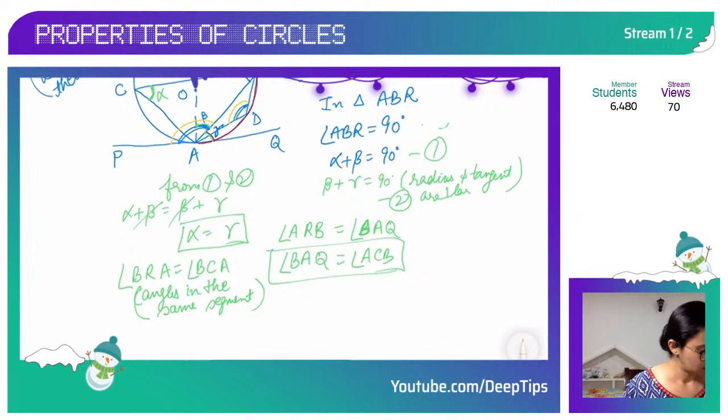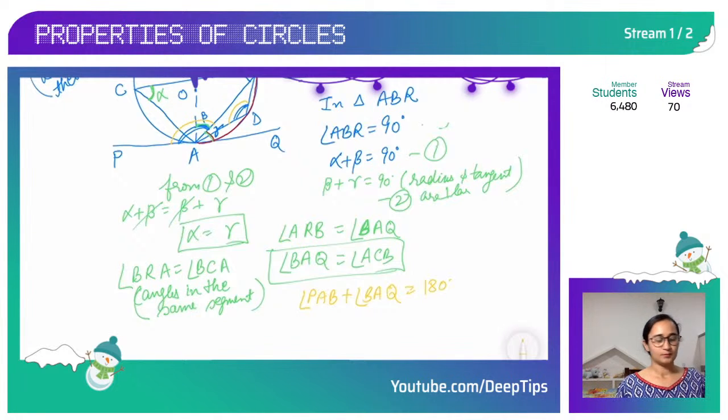First, children, can I say here that angle PAB plus BAQ is equal to 180 degrees, because they lie on the straight line. So PAB plus BAQ equals 180 degrees.